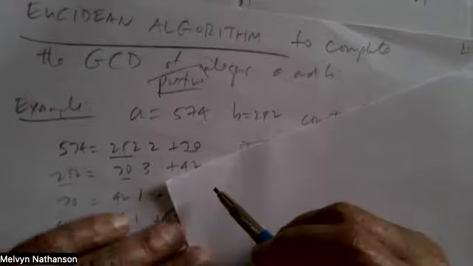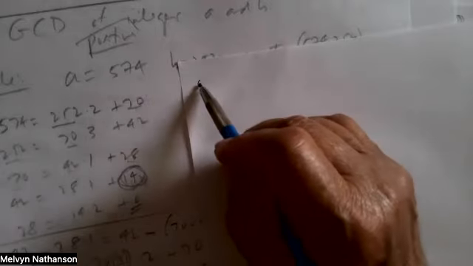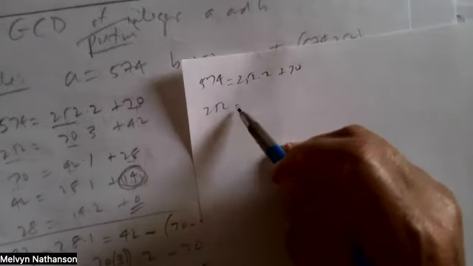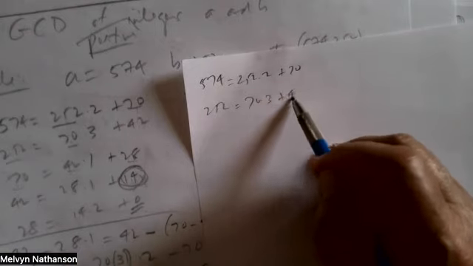My Euclidean algorithm was 574 is 252 times 2 plus 70. 252 is 70 times 3 plus 42. 70 is 42 times 1 plus 28. 42 is 28 plus 14. And 28 is 14 times 2 plus 0.